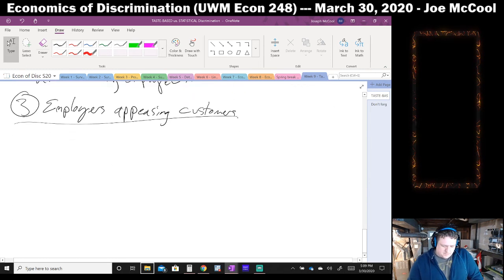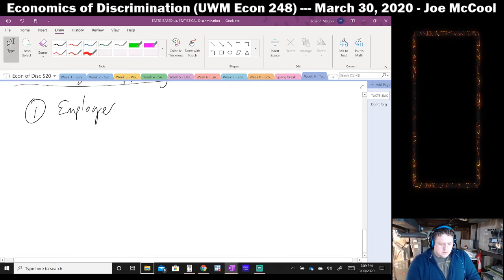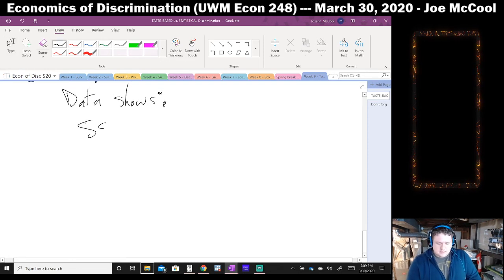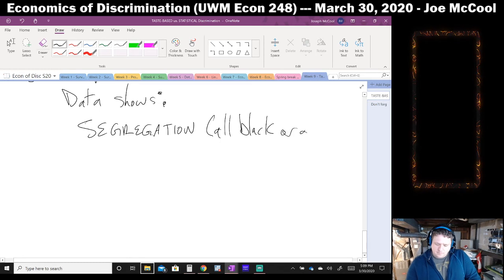Now, the first one, where the employer is the one doing it. What does the data look like? Data shows segregation in workplaces, all black or all white, for example.